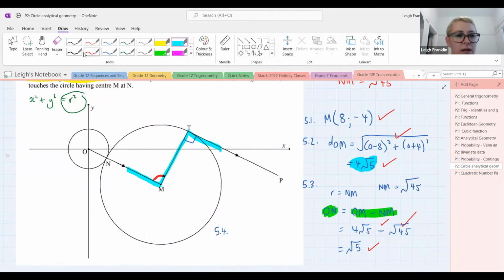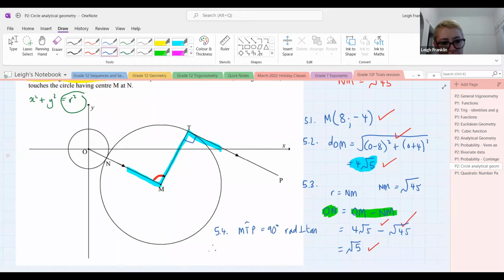All right, that was really good. Well done. So now we just got to make sure that we write that down. It's important for us to say that angle MTP is 90, and that's because the radius is perpendicular to a tangent.